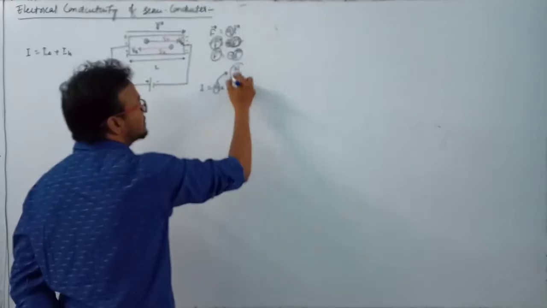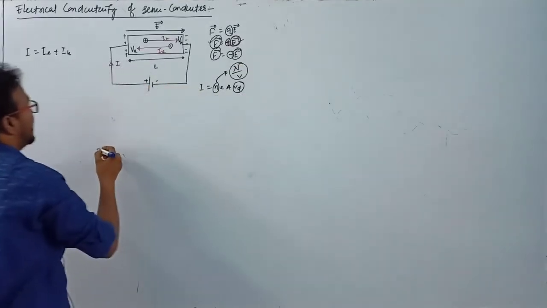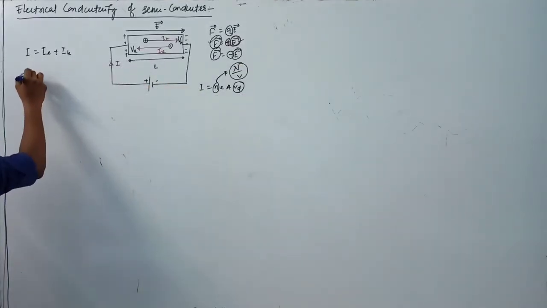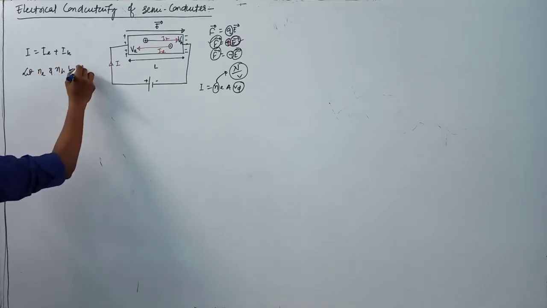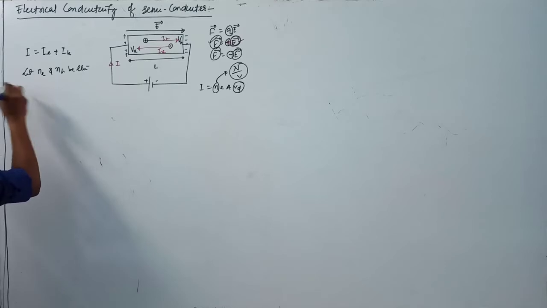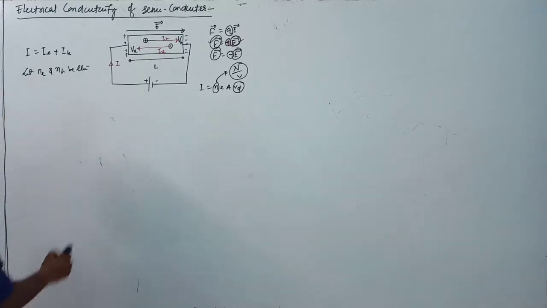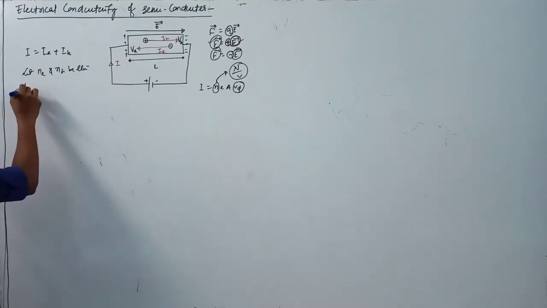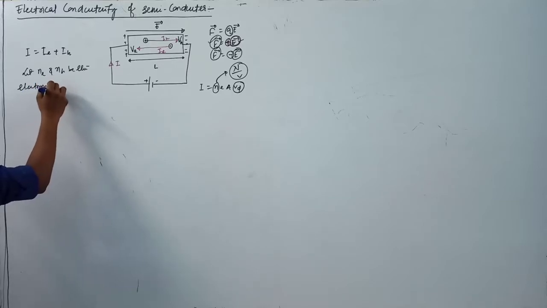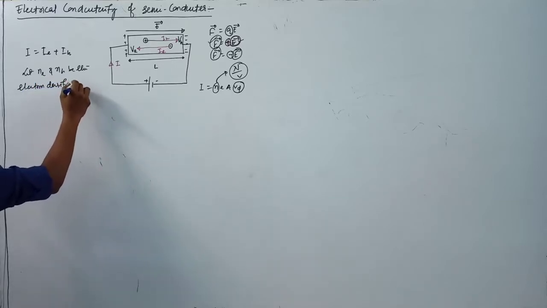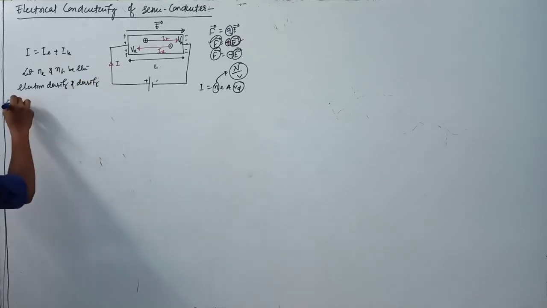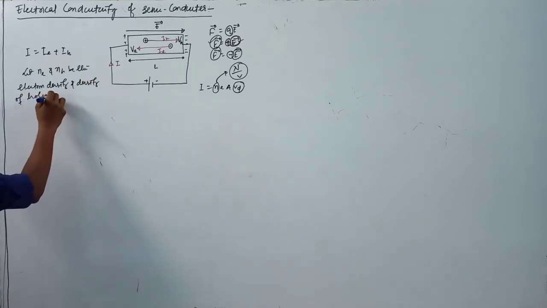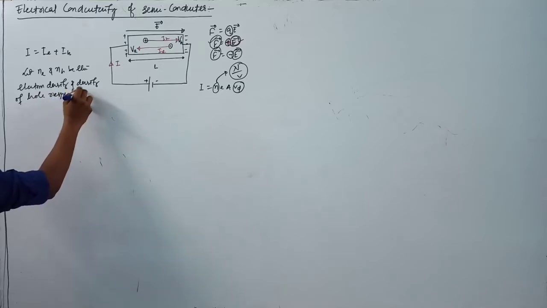Here we take Ne and Nh as the electron density and the density of holes respectively.